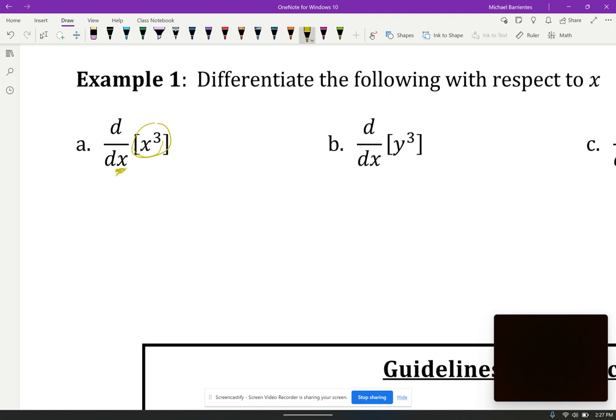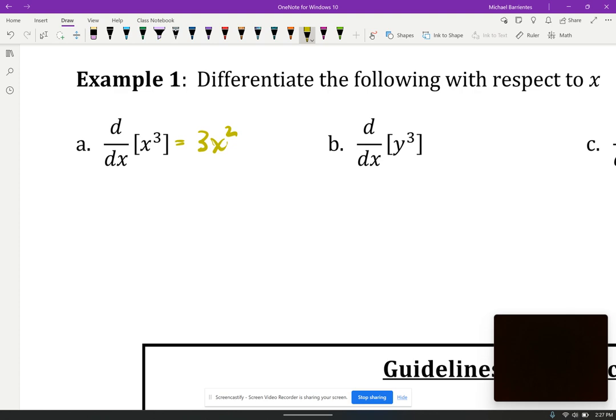Well, yes, because I'm taking the derivative with respect to x, and my expression has x's and only x's. So this derivative is just going to be 3x squared by using the power rule. This is a normal, quote unquote, derivative.